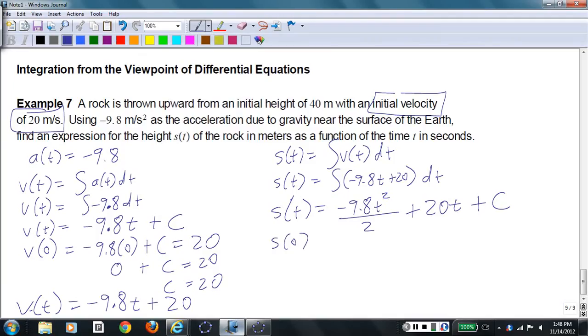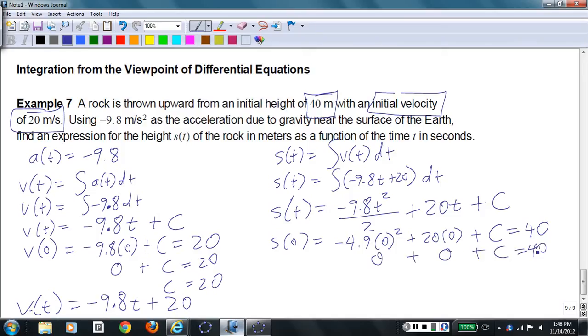S of 0 equals negative 4.9 times 0 squared plus 20 times 0 plus c, and we're given that what? The initial height, the initial position, would be a positive 40 meters. So 0 plus c equals 40 meters. So c equals 40 meters. So S of t equals negative 4.9t squared plus 20t plus 40.